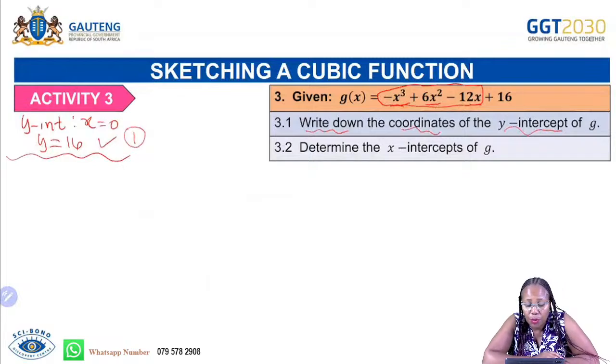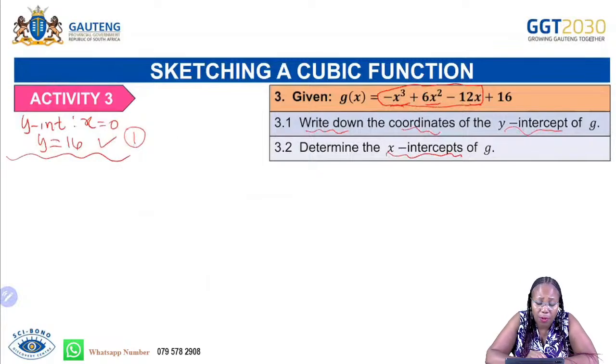And then 3.2, determine the x-intercept of g. This is a very long journey, great job now. It is where we are bringing in our factor theorem. Why? Because we don't have any factor that we can use in order to factorize this particular cubic function.